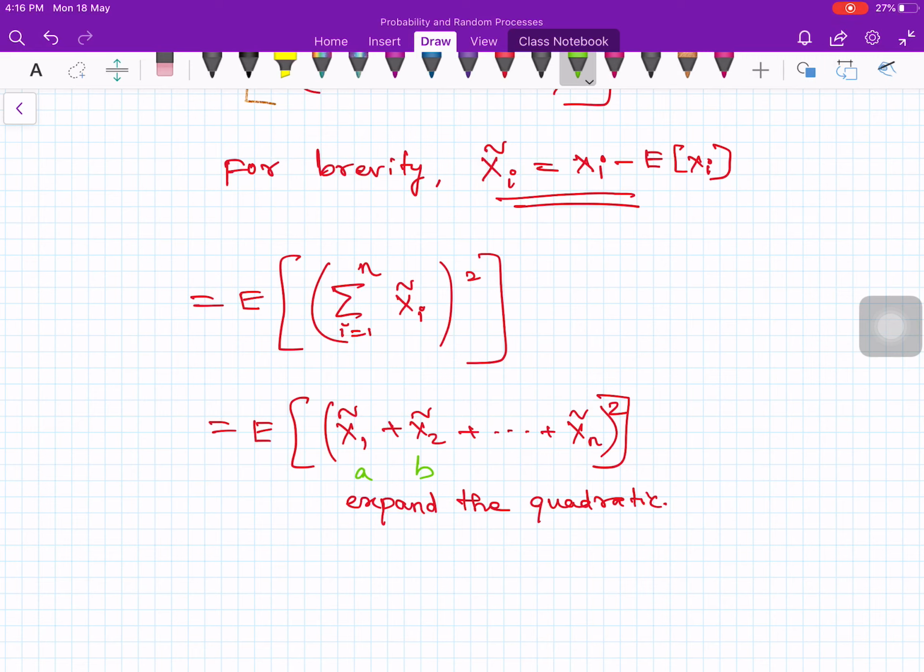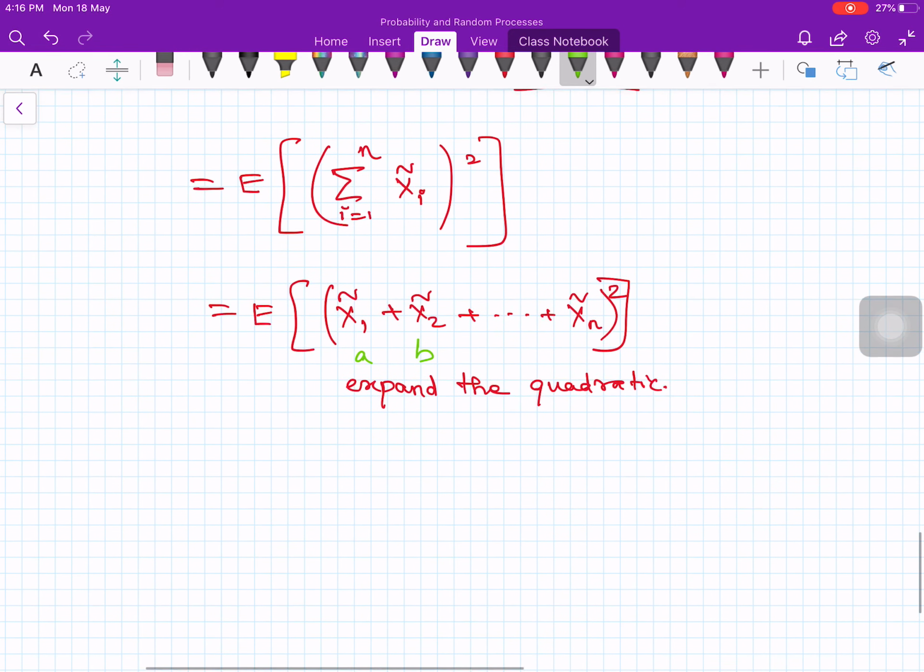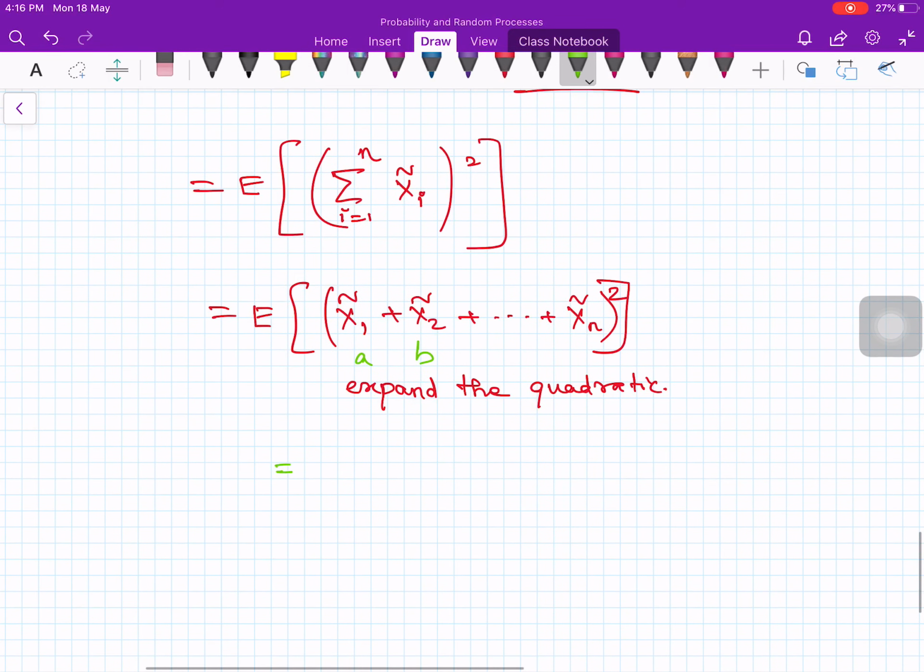When you expand, you'll get a bunch of square terms and also a bunch of cross terms, xi times xj.